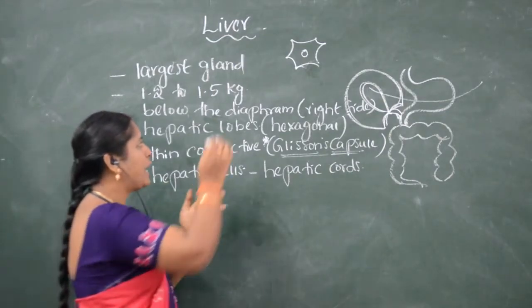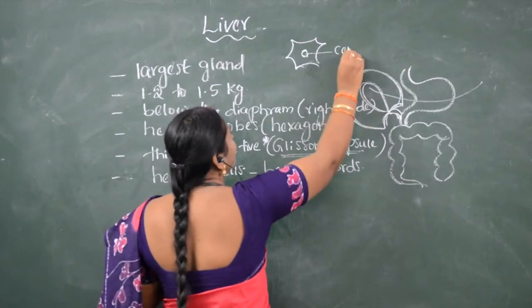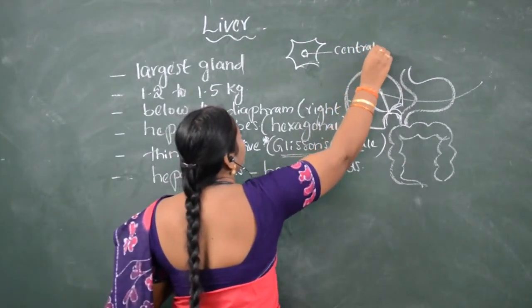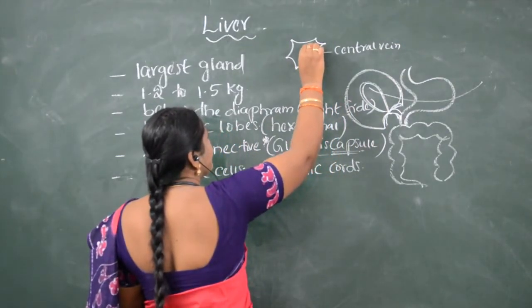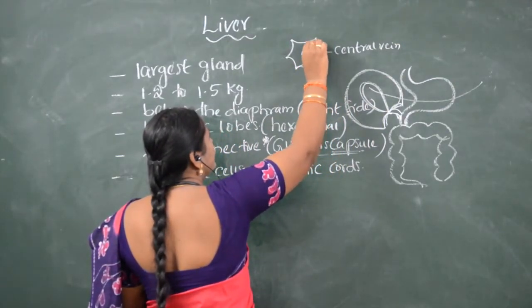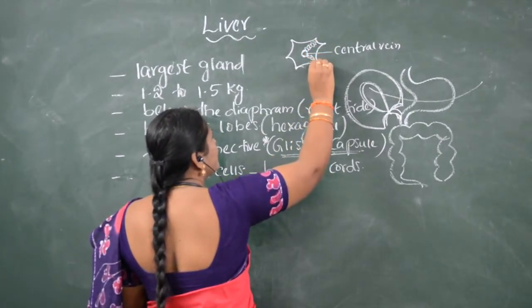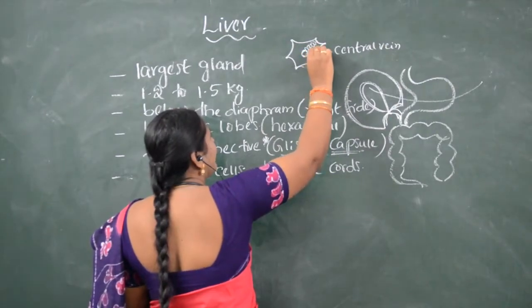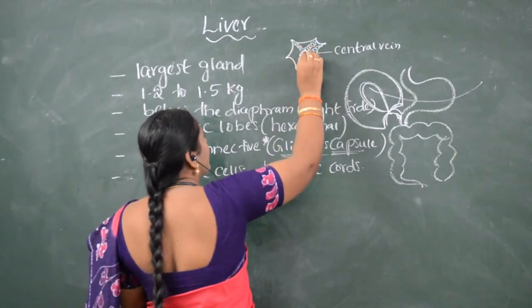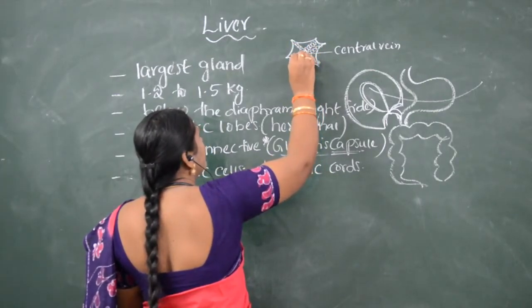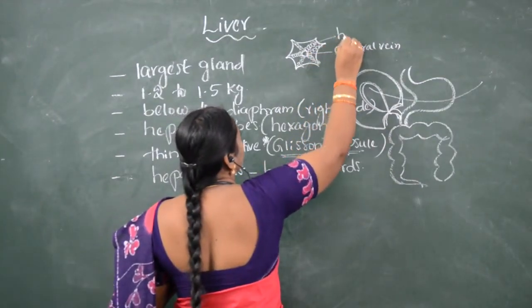What is meant by a hepatic cord? This is the central vein, and these are hepatic cells. This structure of cells arranged in lines is called a hepatic cord.